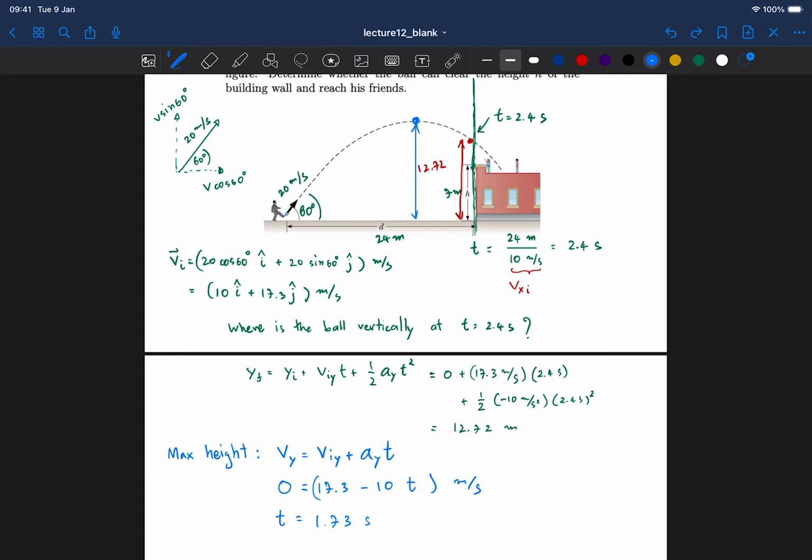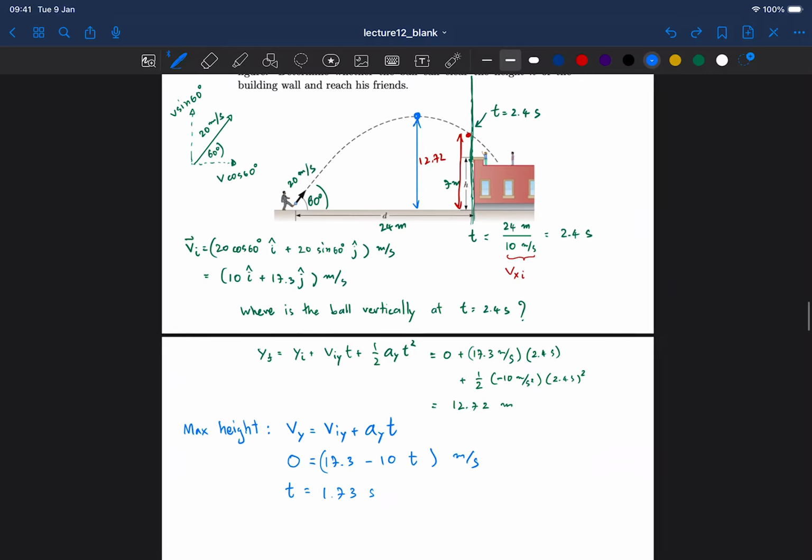Because if you kick it hard enough, it might be possible that when it reaches the building, it's still on the way up and hasn't reached the highest point yet. If that's the case, the time when it reaches the highest point will happen after 2.4 seconds, which is not what we have here. So the picture is already accurate in this sense.